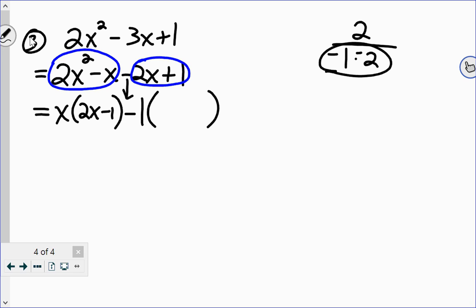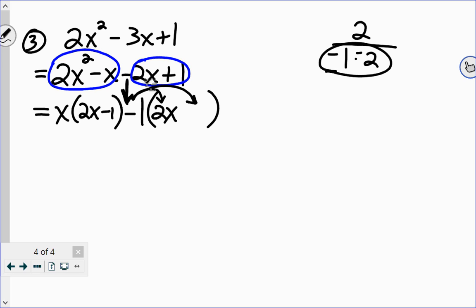So now think to yourself, negative 1 times what is going to give me negative 2x, because that's what I have above. So this would be positive 2x. Then I think to myself, negative 1 times what is going to give me positive 1? Well, this would also have to be negative 1.